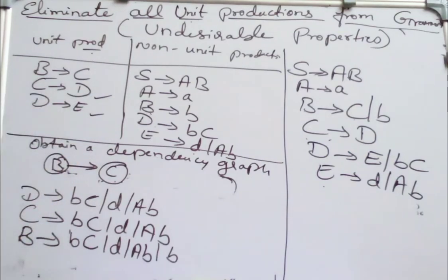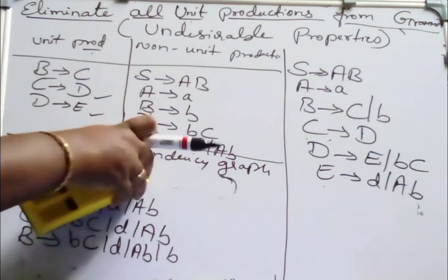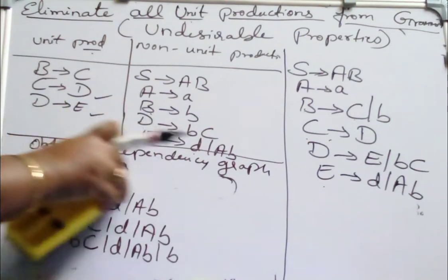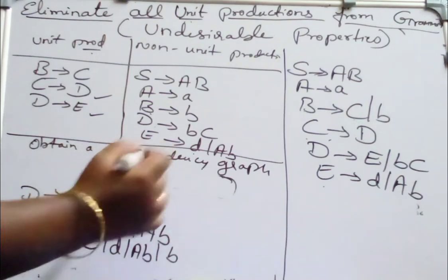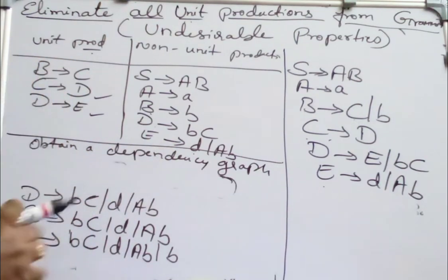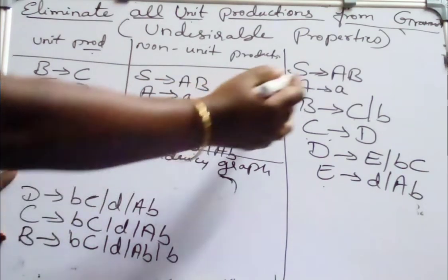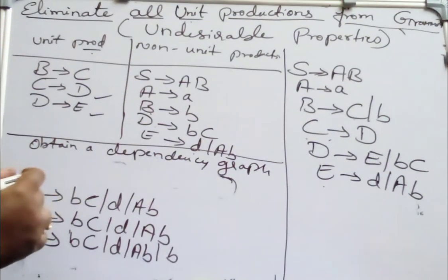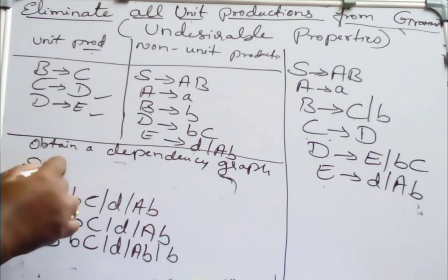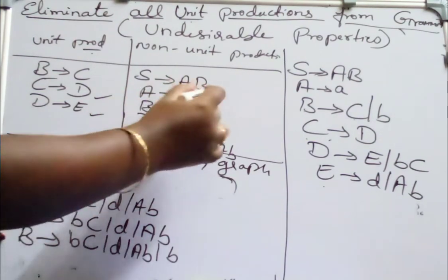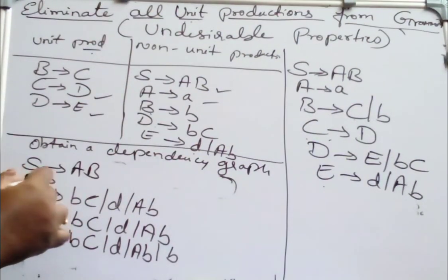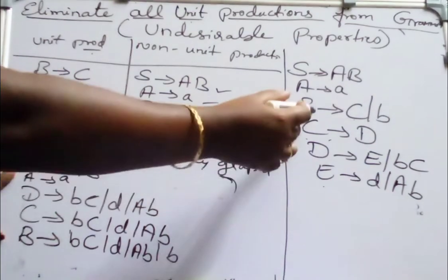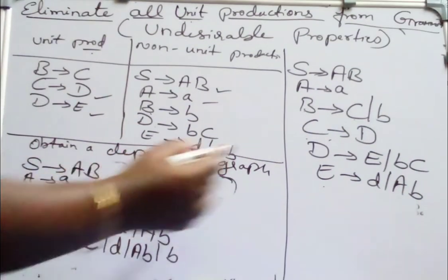Now we removed the dependencies of the unit productions one by one. This is the new set of productions we got. Now we are left with which productions? S derives AB, it doesn't have any unit productions. Add that, as it is a non-unit production. A derives A is also a non-unit production, so you add it. B, C, D we already added.